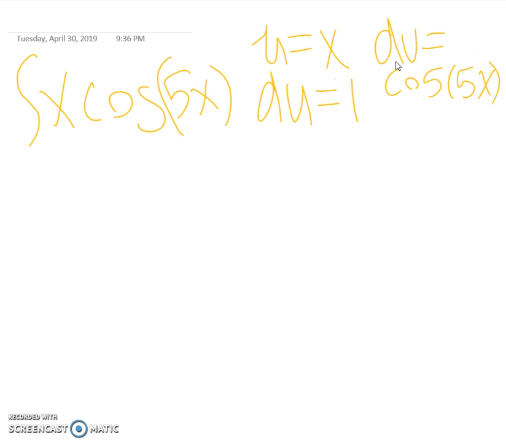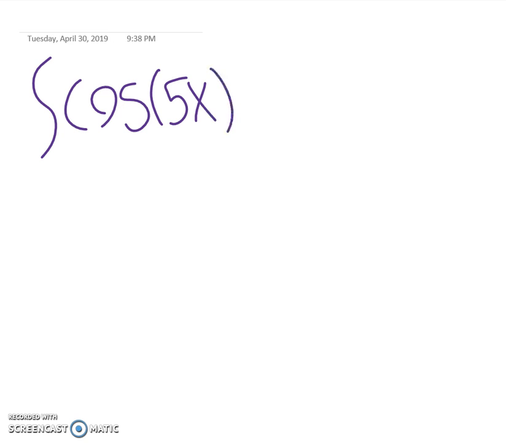And to take the antiderivative of cosine of 5x, we're going to use u substitution. So I'm actually going to go back to this page in a second, but I need to explain u substitution to you first. So if we're taking the integral of cosine of 5x, u substitution is essentially the inverse of the chain rule.